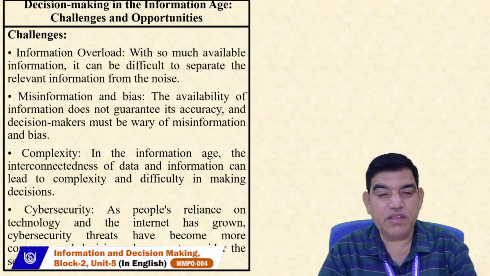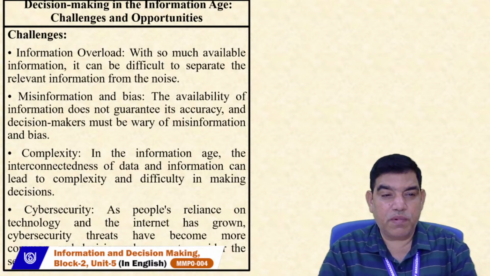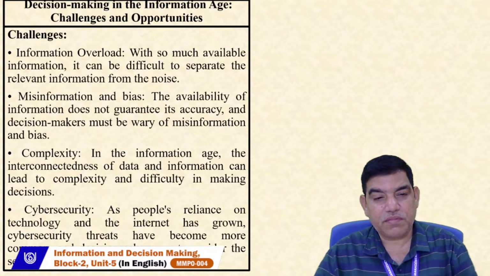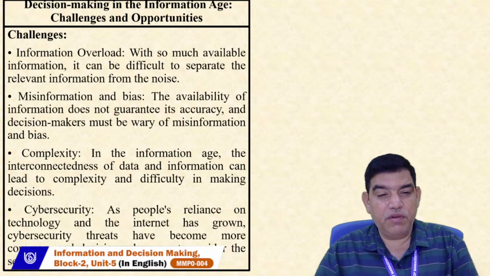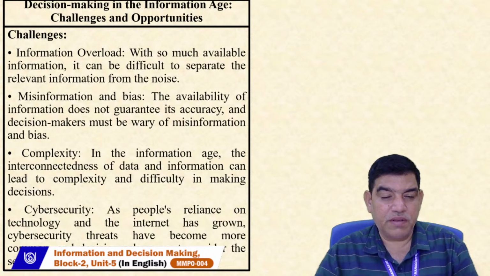So cybersecurity is an important component of the decision making process, because whenever you go for cybersecurity, there must be some threats, and those threats must be reduced by security mechanisms.